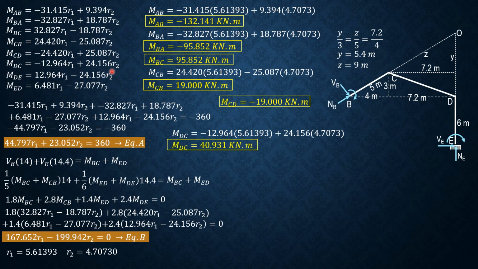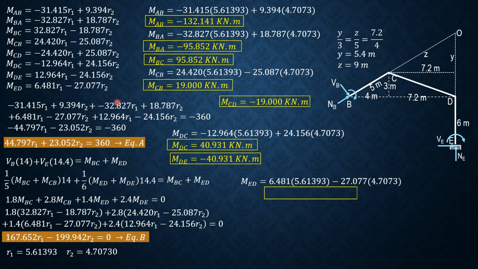MDC is 40.931 kilonewton meter. So that means MDE is negative 40.931 kilonewton meter. Finally, MED is 6.481 of 5.61393 minus 27.077 times 4.7073. MED is equal to negative 91.076 kilonewton meter. So that's it for this problem.